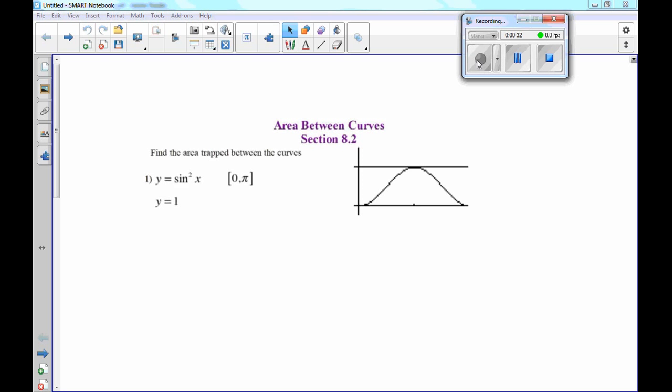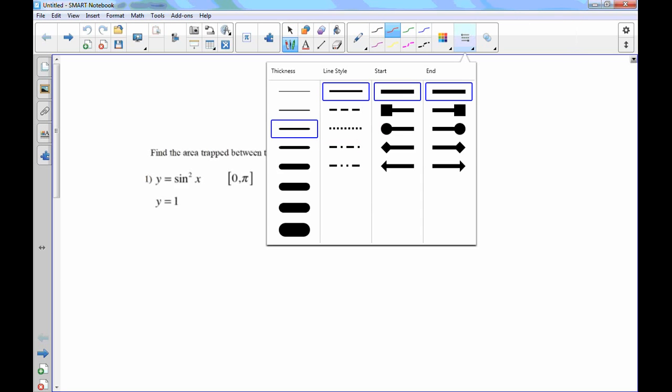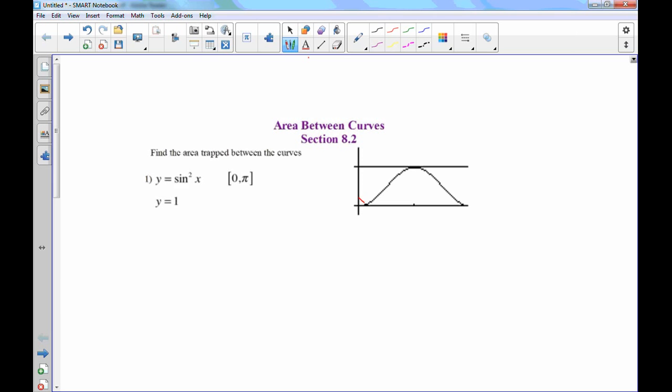First one. So at least I saw that everyone's area shaded was good. This is from 0 to pi, right?